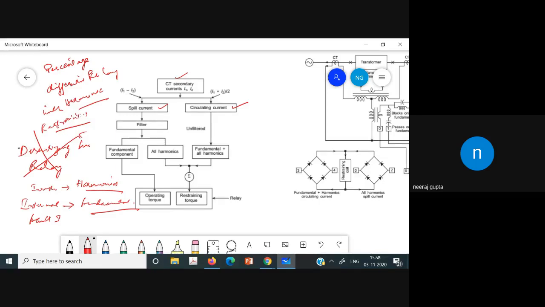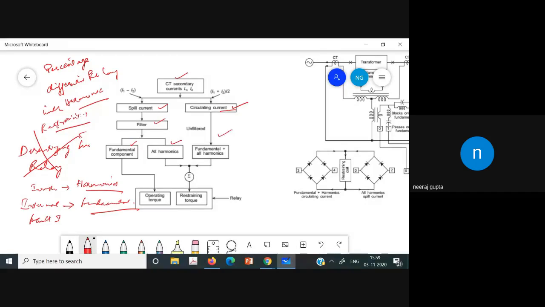Now, what is done? This spill current actually filters into the fundamental component and the harmonics. If the harmonics are there in the system, then in that case, it will generate the restraining torque. Similar is the case if the circulating current has harmonics plus fundamental.